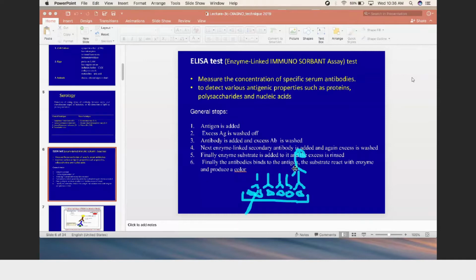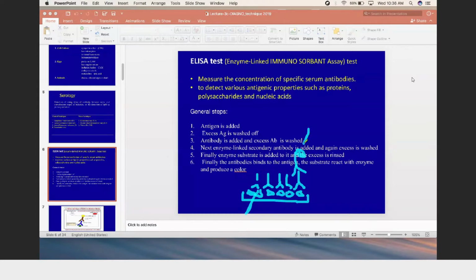You can do this in the lab so that this antibody carries the enzyme. This enzyme is normally peroxidase based.